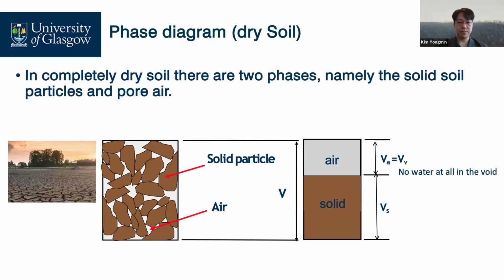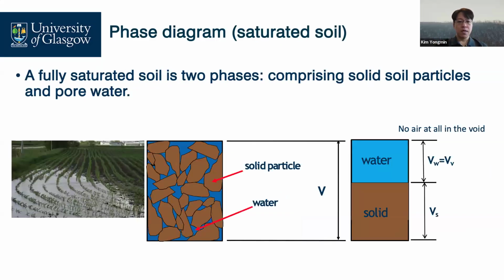Make sense? This is a fully saturated soil. It also has two phases, solid soil particles and water. These voids are fully filled with water. In this case, void volume equals water volume.